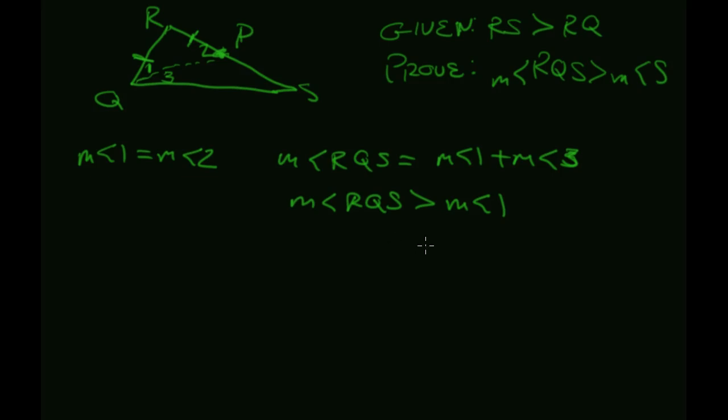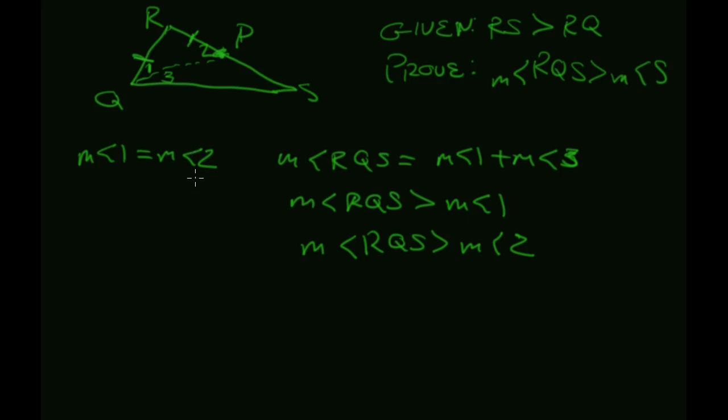Okay, so since 1 and 2 are the same size, I can say that the measure of angle RQS has to be bigger than the measure of angle 2. That's just substitution.